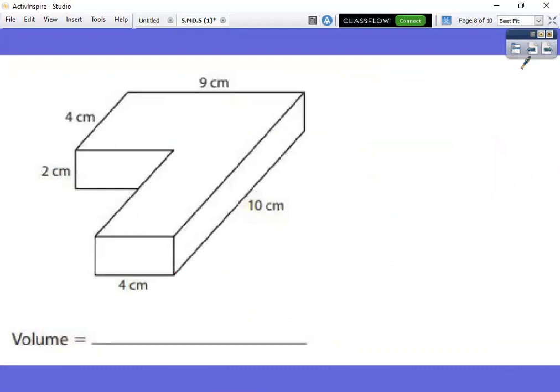All right, let's look at one more example. So in the first example, we split or broke our solid figure apart vertically. So let's do this one horizontally. So now we have our 2 prisms, prism A and prism B. So again, we're going to need that formula twice.